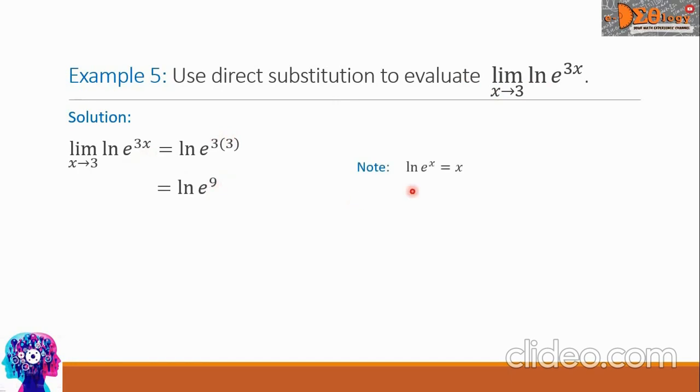Please remember that the ln of e raised to x is simply x, and that is for x greater than 0, or we say x must be a positive value. It means we can simplify our expression here to be simply 9, or that exponent. This is our final answer.